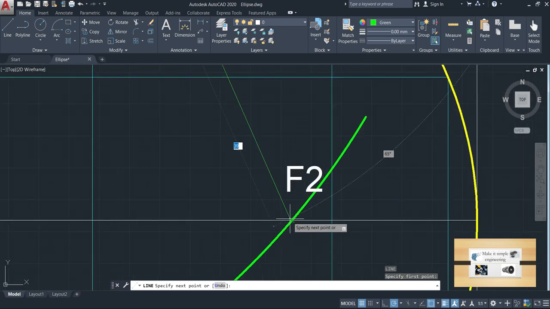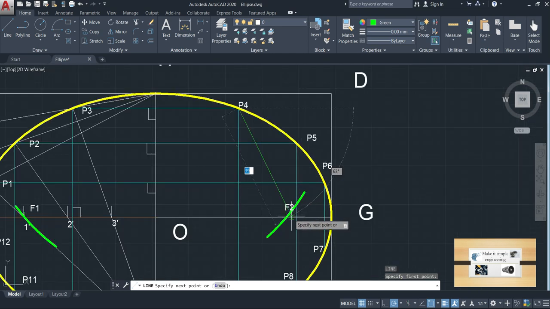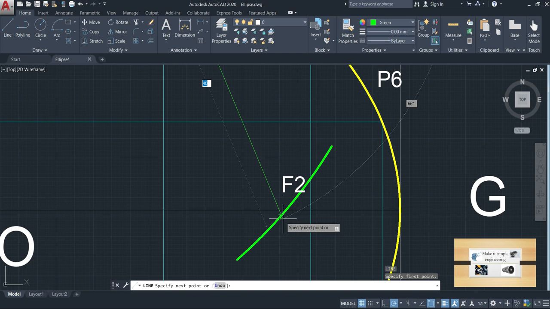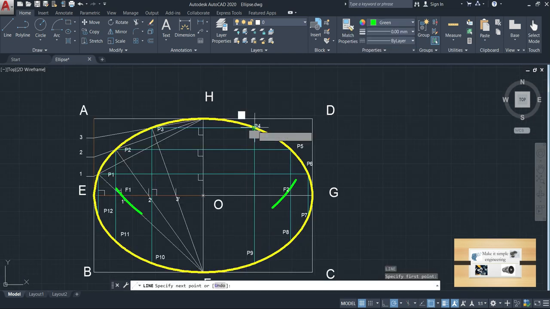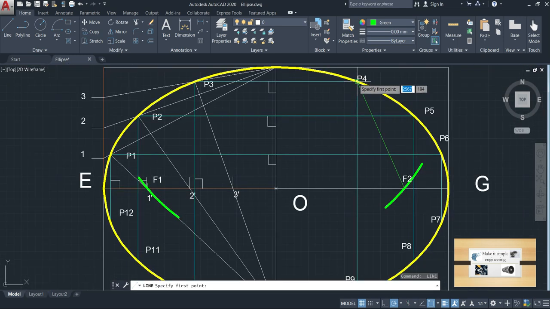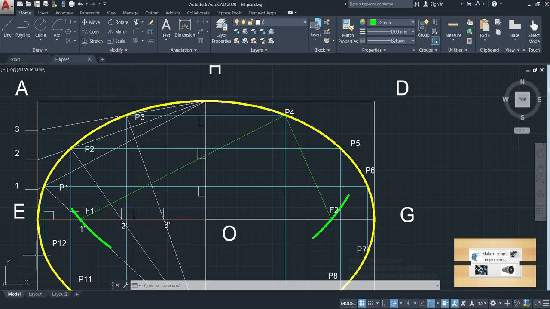For that you have to connect this P4 to F2 and F1. So you will get an angle F1, P4, F2. Here P4 is the point I have taken.